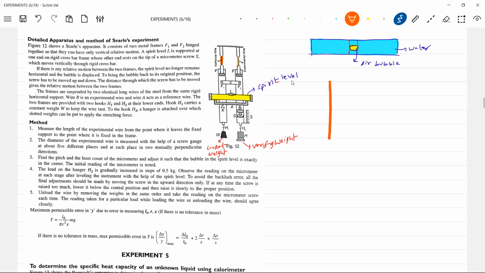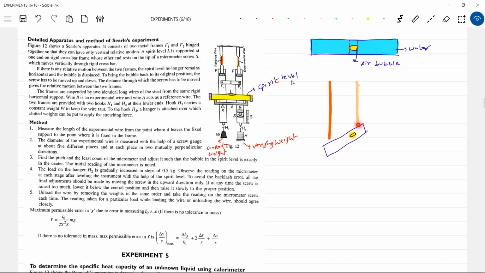The spirit level will adjust itself like this, and the bubble will come here. I'll show it in yellow. What does it mean? This has more elongation, because by hanging this fixed weight H1, the wire gets elongated. This is the elongation.